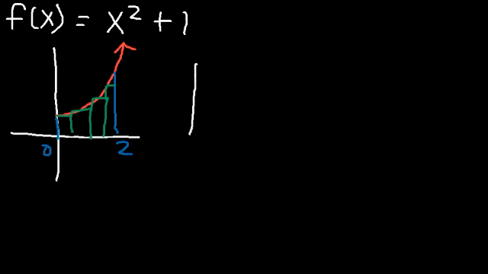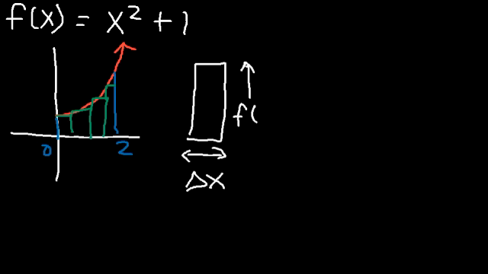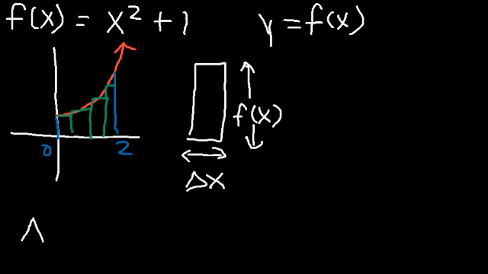Now let's focus on an individual rectangle. The width of the rectangle is known as delta x. The height of the rectangle is the y value, or f of x. Y is equal to f of x. So that's just the area of one rectangle. Since we have 4 rectangles, we need to add up the area of each rectangle. So the area under the curve is basically the sum.